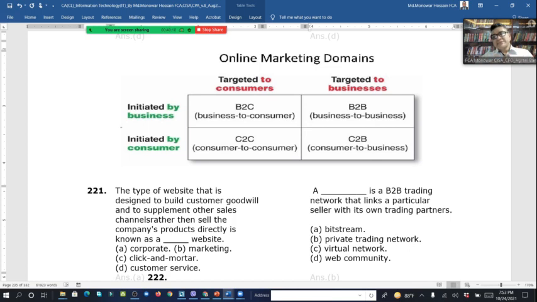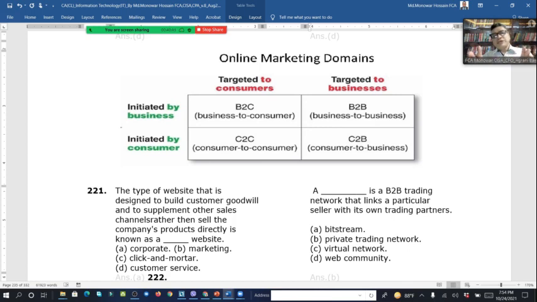That means initiated by the business targeted to the business is called business to business, and when initiated by the consumer and also targeted to the consumer is consumer to consumer, and when initiated by the consumer targeted to the business is consumer to business e-business.